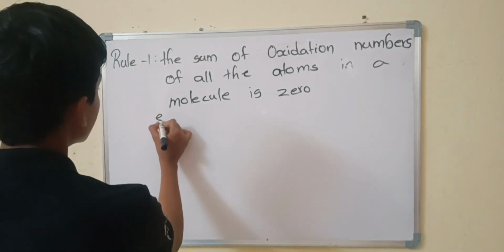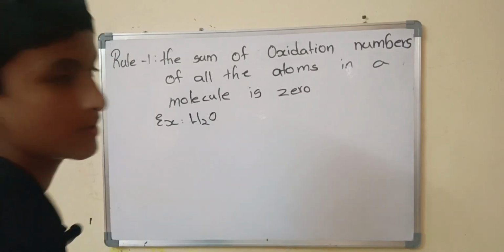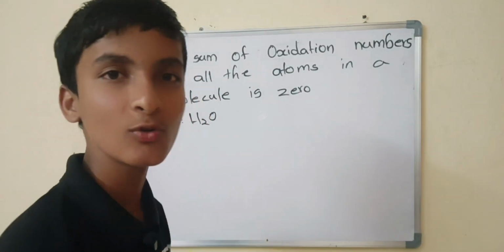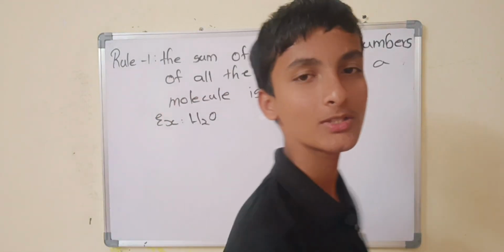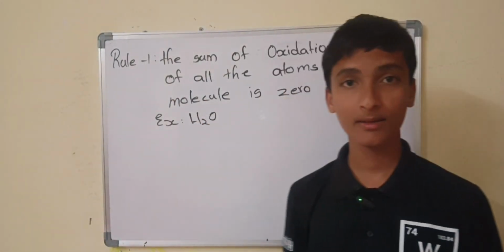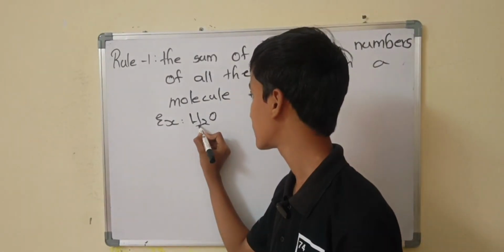I am taking the example H2O. First note it down. Listen. How to find the oxidation number of H2O? Imagine I am finding the oxidation number of hydrogen.